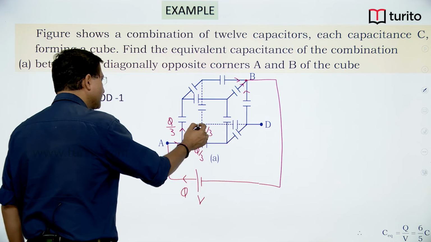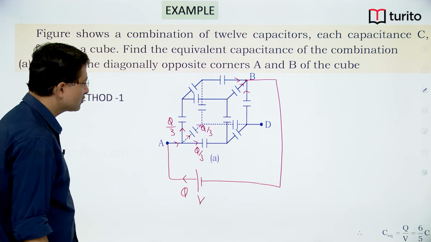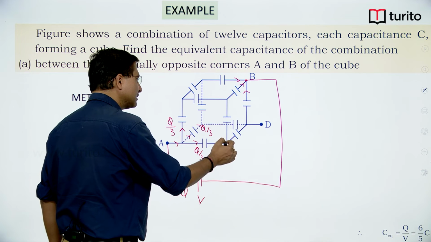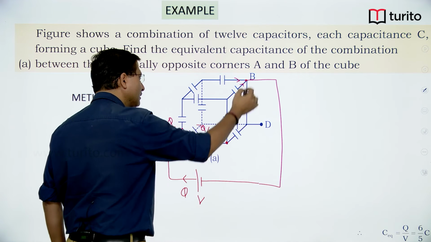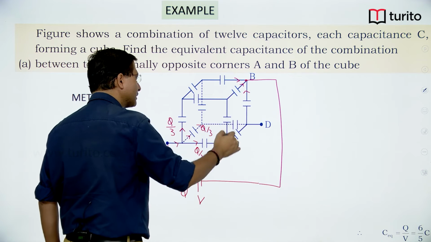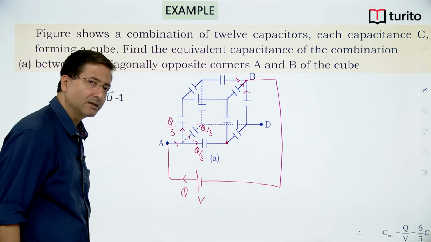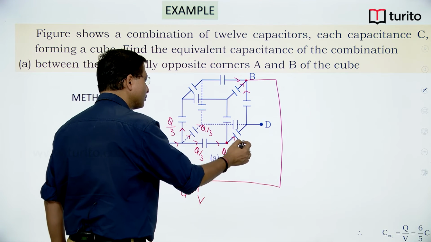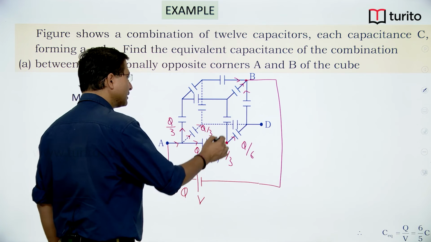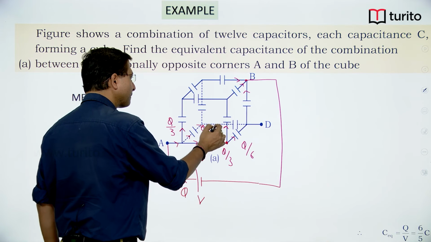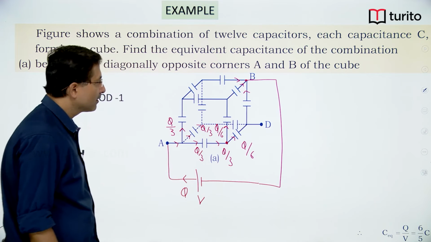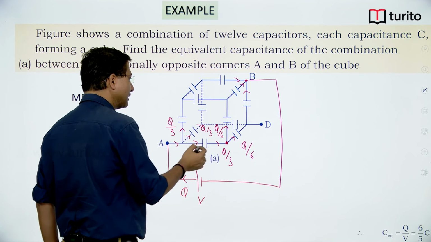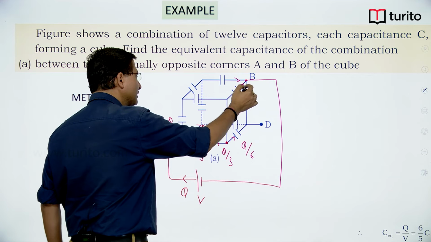Once this Q by 3 reaches here, we can see there are 2 paths available and both are similar paths, right. So, this charge will further get divided into 2 parts, this Q by 3 will get divided into 2 parts, Q by 6 and this will be Q by 6, right. And you can see that this has to be Q by 3, right.